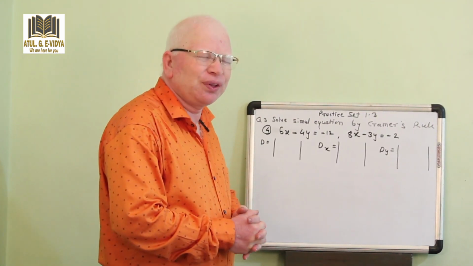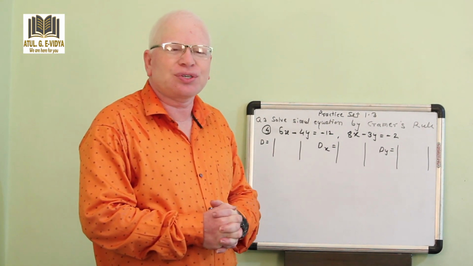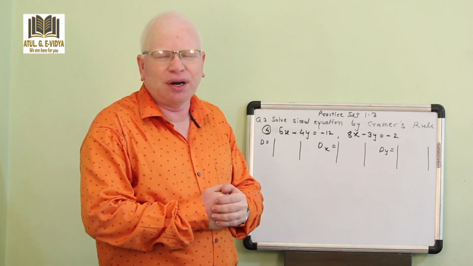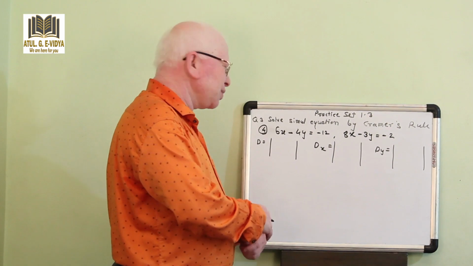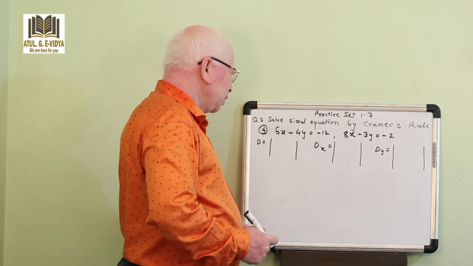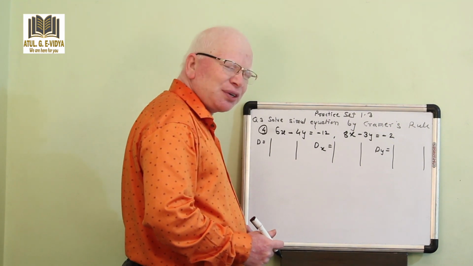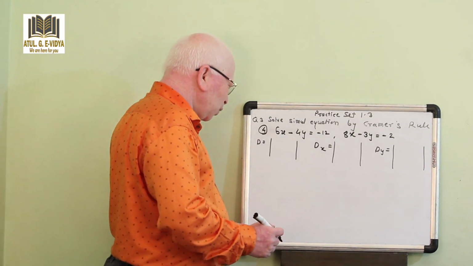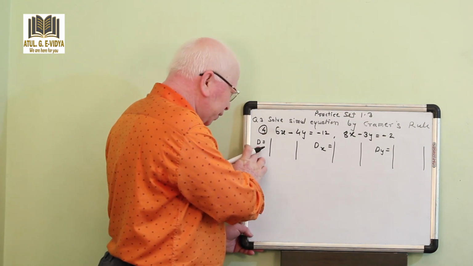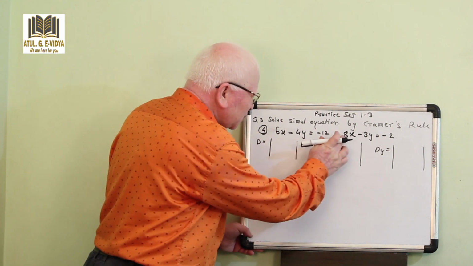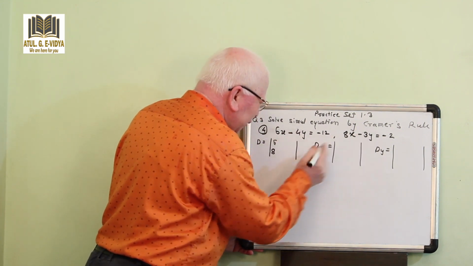So friends, now we are discussing the fourth sum from the third question of practice set 1.3. The fourth sum is 6x minus 4y is equal to -12 and 8x minus 3y is equal to -2. Now here we have to take the x coefficients and y coefficients for D like this: 6 and 8, -4, -3.